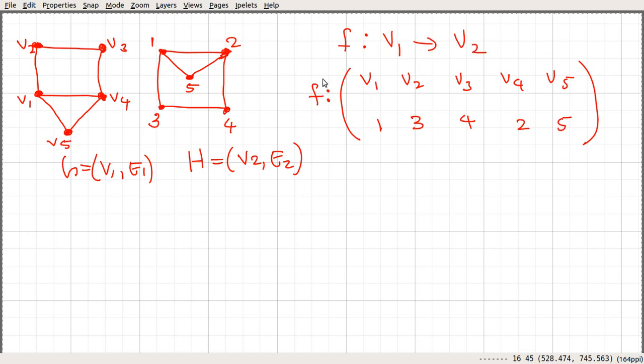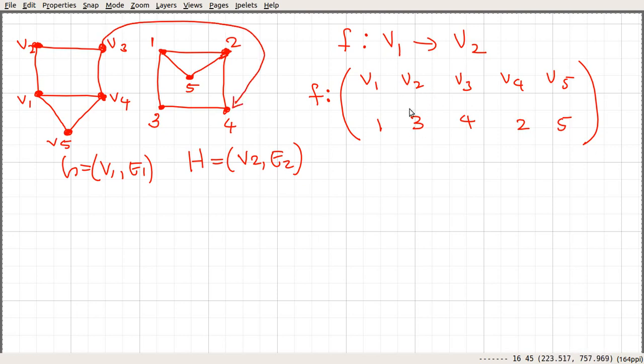It means we are sending V1 to this vertex. Let's consider this one: we are sending V2 to 3, and V3 to 4, and V1 to 1, where V1 is a vertex of this graph and 1 is a vertex of this other graph. We are sending this vertex to this one.